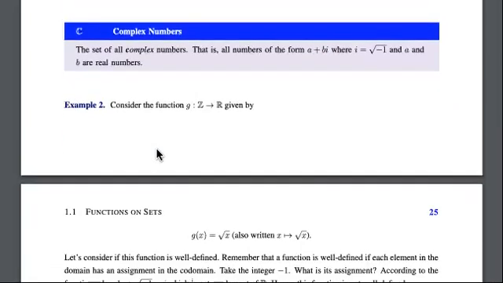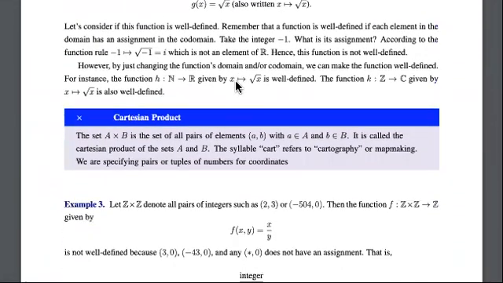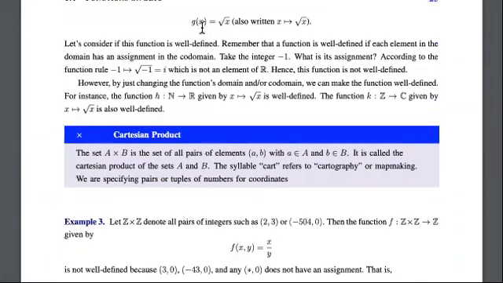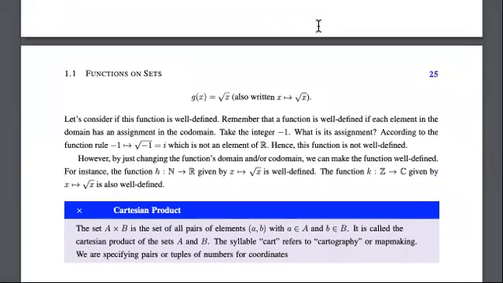Let's take a look at this example. We have a function that goes from integers to real numbers, and it's given by this particular rule: x maps to the square root of x. So the question is, is this function well defined?